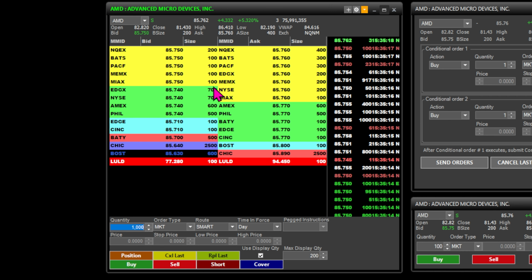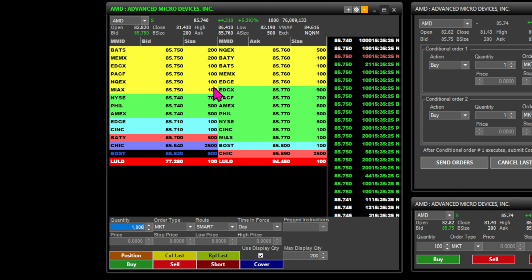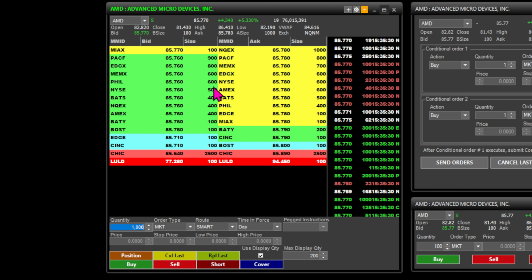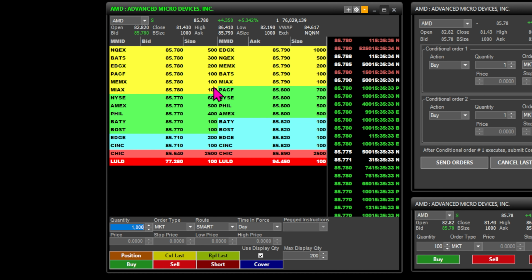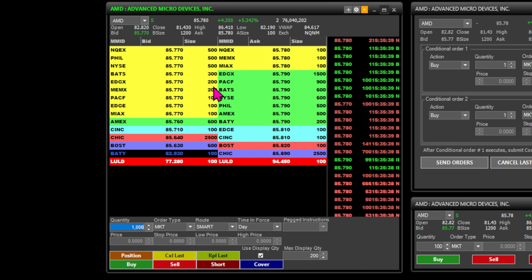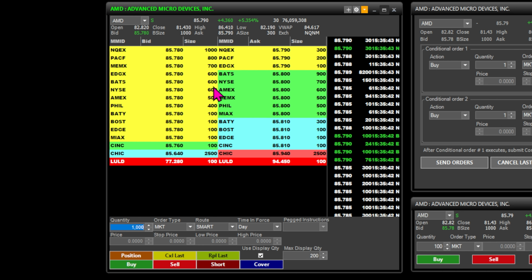Now, the huge advantage to doing a market order is you're pretty much guaranteed to be filled. So if it's critically important to you that you get your entire order filled, 1,000 shares, 500 shares, 10,000 shares, whatever that quantity is, when that's more important than the price that you get filled at, then a market order is a great option.